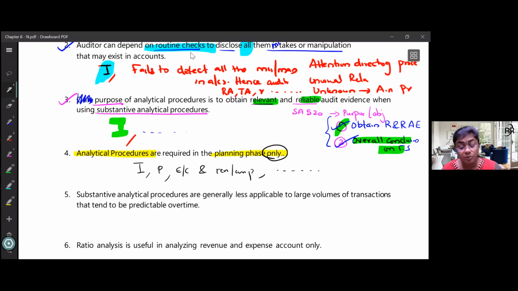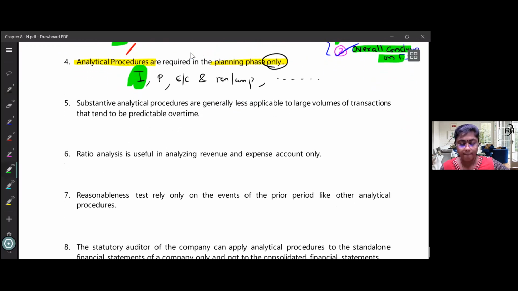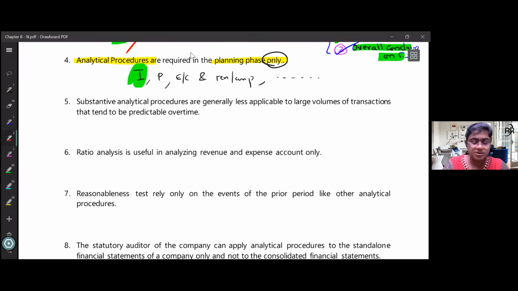Here they are saying only in planning phase. Therefore, the answer is incorrect. Since we discussed the MCQ, the answer is too easy for us. This correct, incorrect.